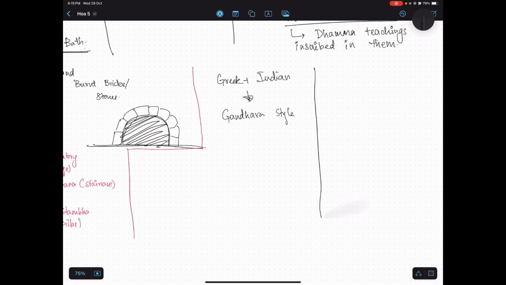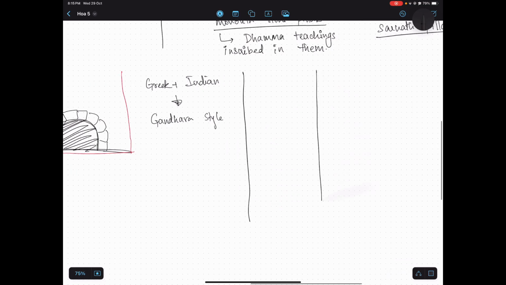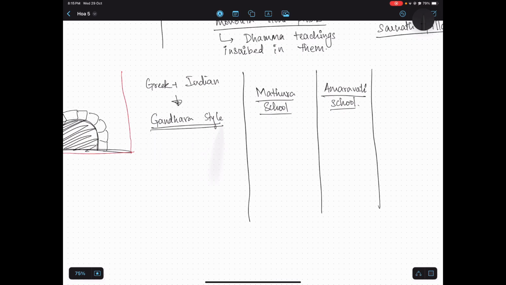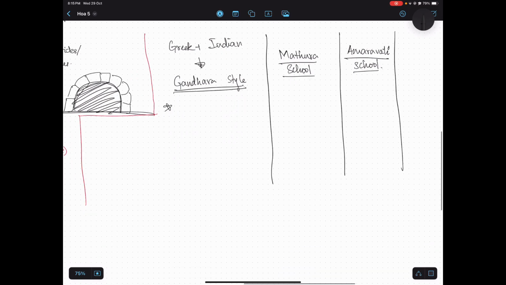And other indigenous styles that were present were the Mathura school and Amaravati school. Now the Gandhara style was a lot more decorative, and it had lifelike statues of Buddha.